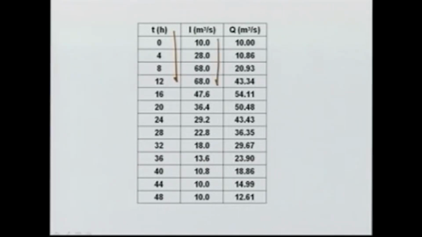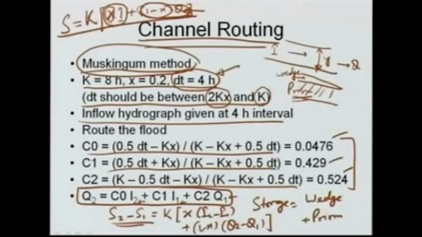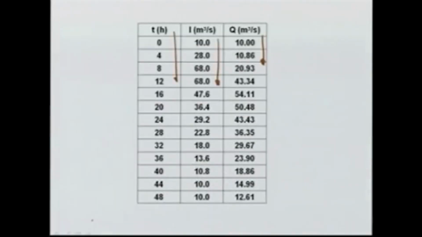in this case. For the time given, inflow is given and Q2 is obtained from this equation, where C0, C1, C2 are all known, and I2, I1 and Q1 are obtained from this. For example, in this case I1 is 10, I2 is 28 and Q1 is 10.